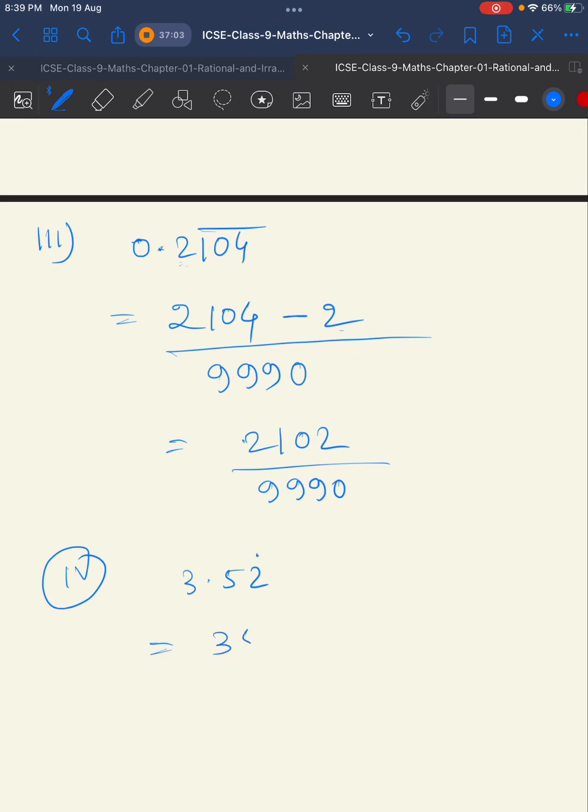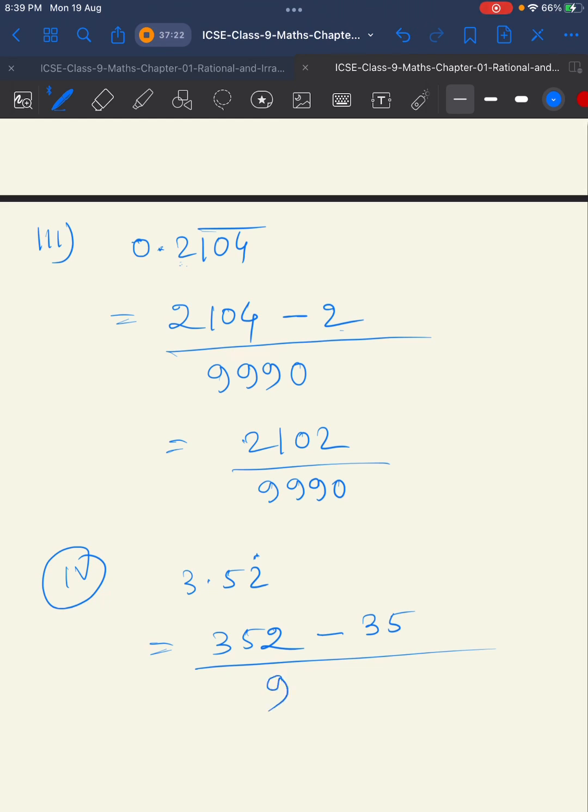Okay, now question number 4. 3.52 dot. So first we write 352, all digits, then we write here 35. The digits which have no bar we write here, then subtract.